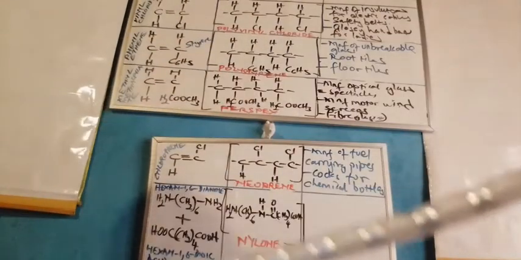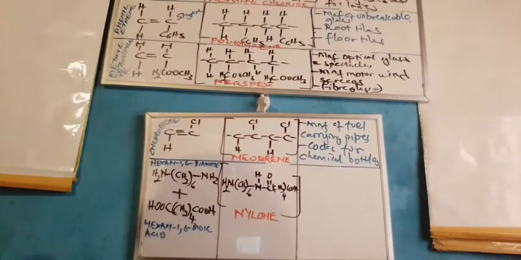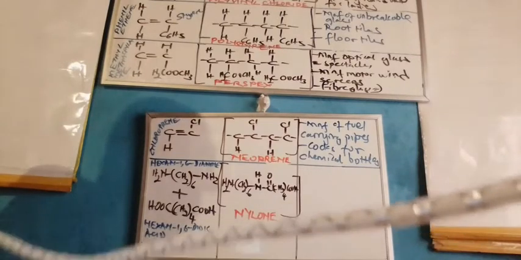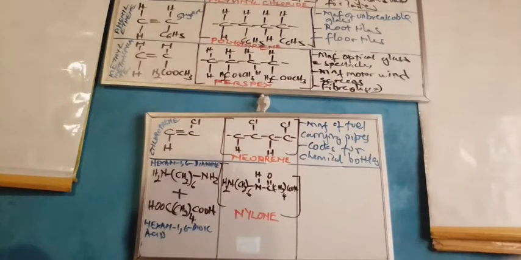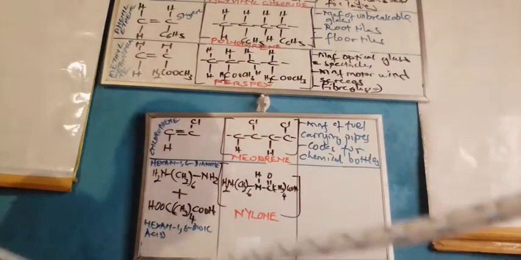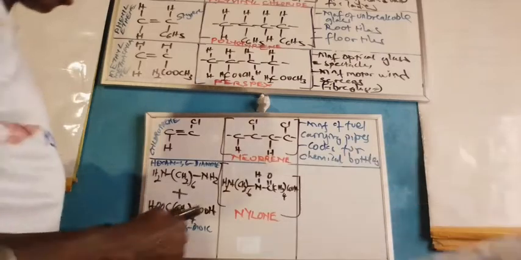Good. Beyond this, we have what is known as hexane 1,6-dioic acid and hexane 1,6-diamine. Now, when we combine the hexane 1,6-dioic acid and hexane 1,6-diamine, what is formed is nylon. Now, nylon is a tough substance which has a varied range of applications.